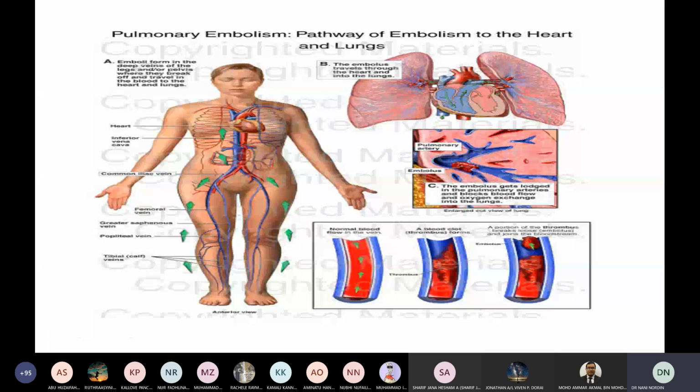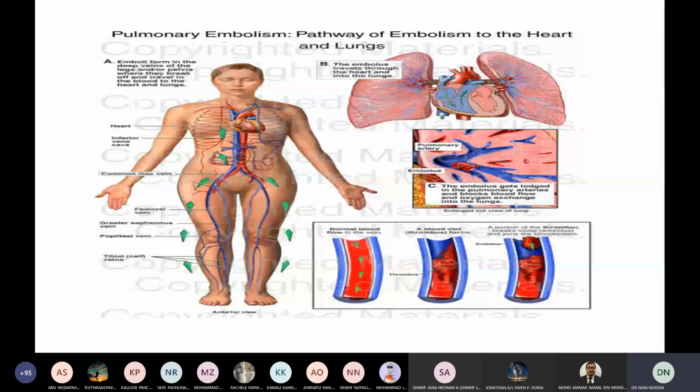Yeah, pulmonary artery, and depending on the size, it can start at the bifurcation of the pulmonary artery. This is when we call it saddle embolism, the big embolism which starts at the bifurcation.